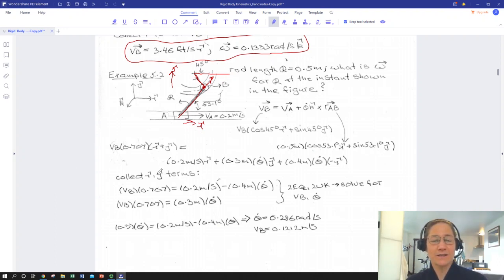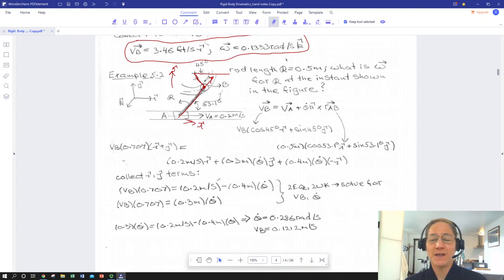So we collect i and j hat terms and solve individually for theta dot and VB. Just work through the math. It's all algebra at this point. And we end up with a rod angular velocity of 2.86 radians per second. Again, this is positive, which would indicate that it's effectively rotating counterclockwise around some axis.